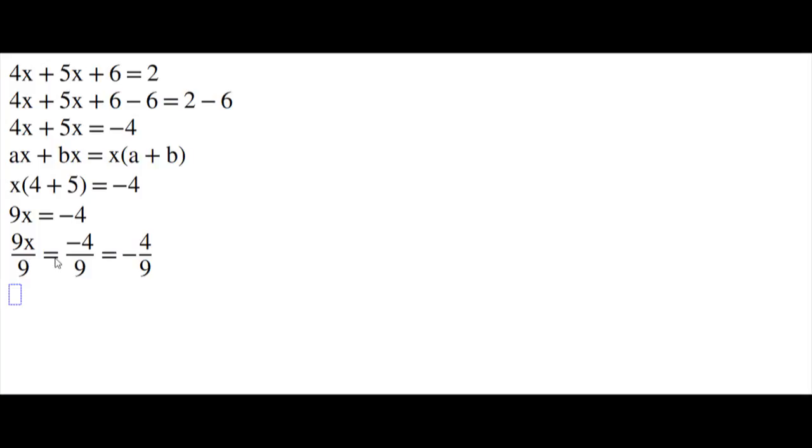So in turn, you get your x term, and x equals negative 4 over 9. So this is pretty much your answer here.